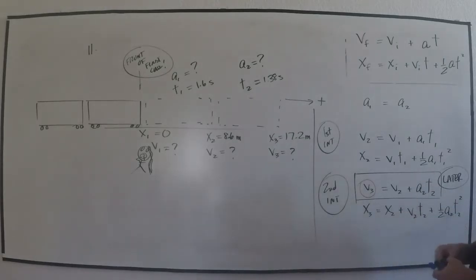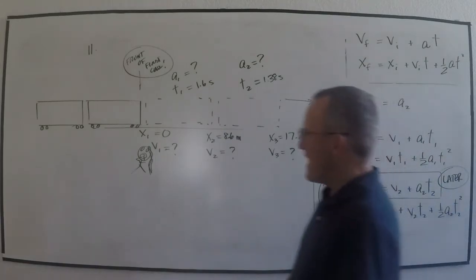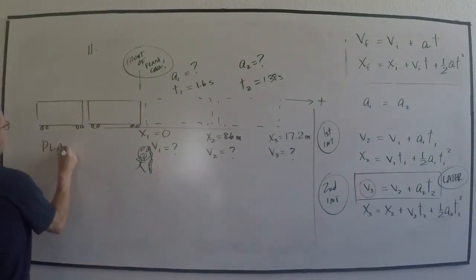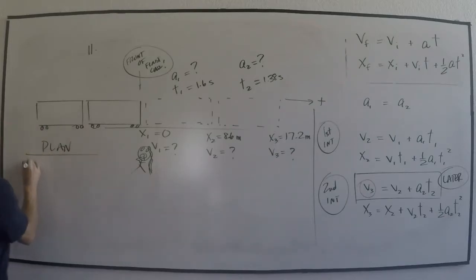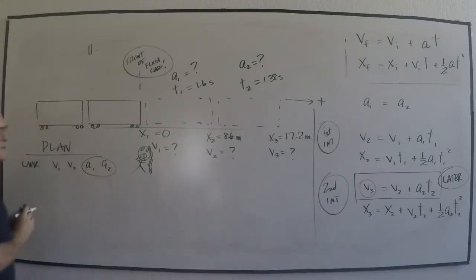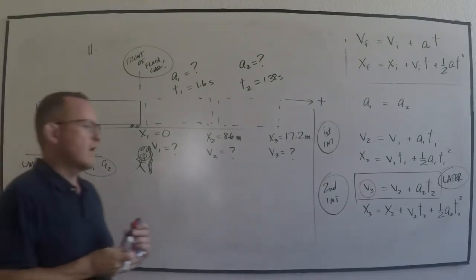Let's go ahead and find those. Now wait a second. What do we already know about A1 and A2? What is our plan going to entail? Our unknowns are V1, V2, A1, A2. What are we going to do with A1, A2? We can already see this.